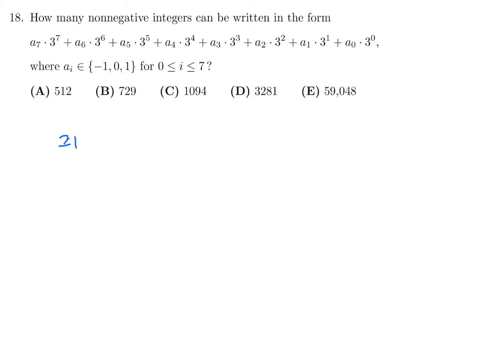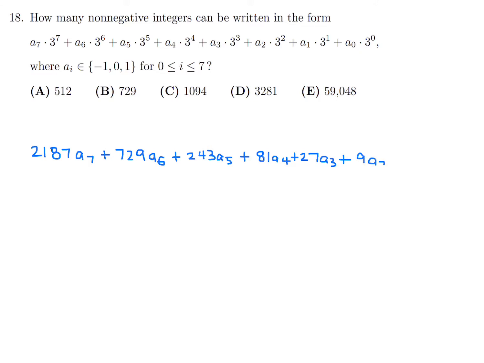So it's 2187 a7 plus 729 a6 plus 243 a5 plus 81 a4 plus 27 a3 plus 9 a2 plus 3 a1, and then finally just the 1 a0.